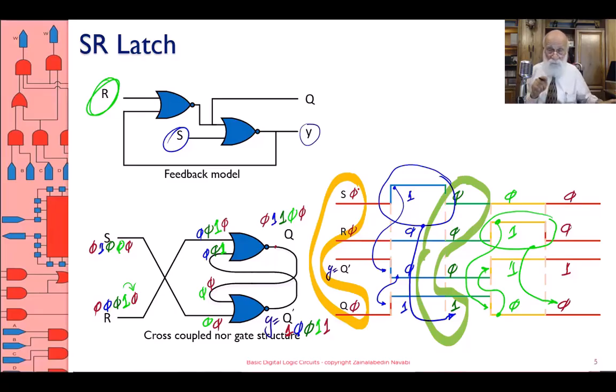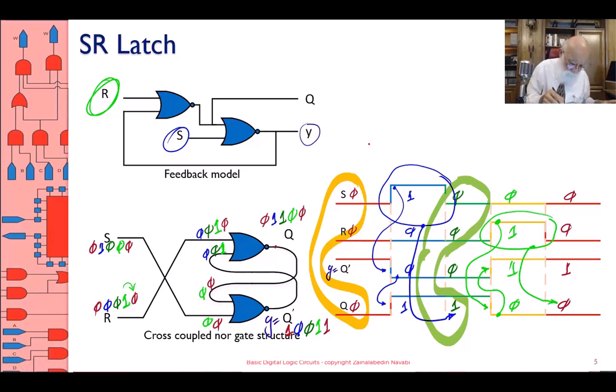I can do a Verilog description of this by having two NOR gates and wiring them together. It works. Or I can write an assign statement for Q and for Q bar.